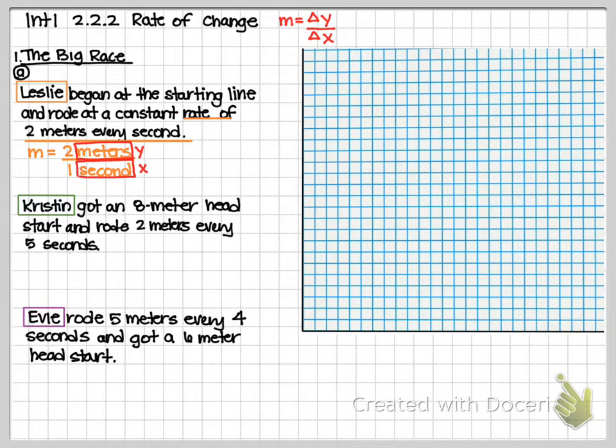So let's go ahead and do that. So on the bottom, I will have time, specifically in seconds. And then on my y-axis, I will have distance, specifically in meters.